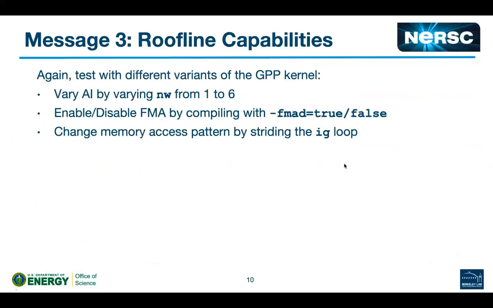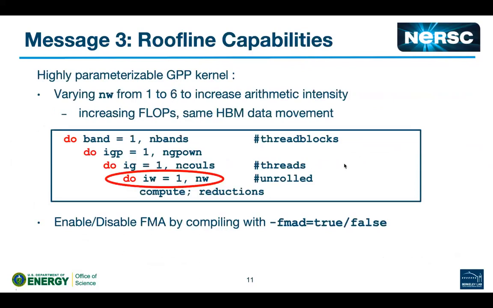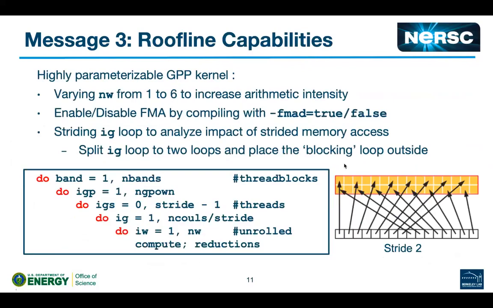First, we're going to change the value of NW in order to change the arithmetic intensity. Secondly, we're going to compile the code with FMA and then without. And last, we're going to change the memory access pattern. So I'm going to talk about that in a moment.